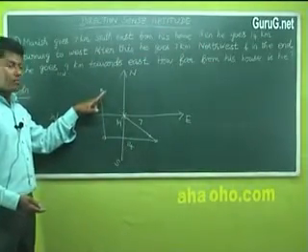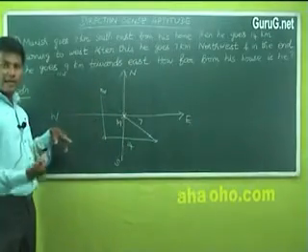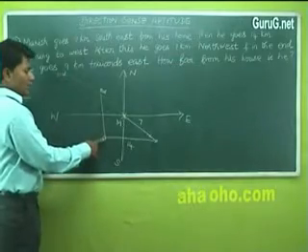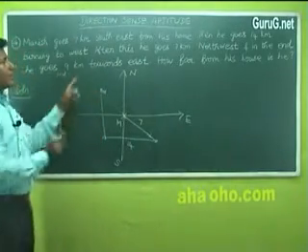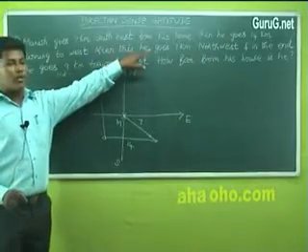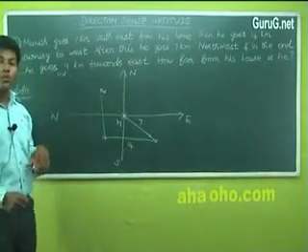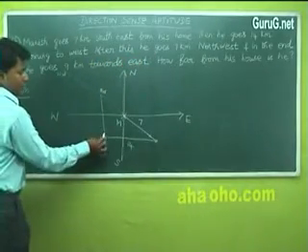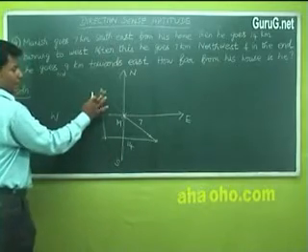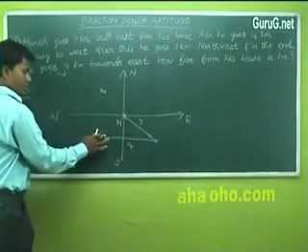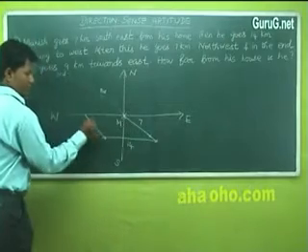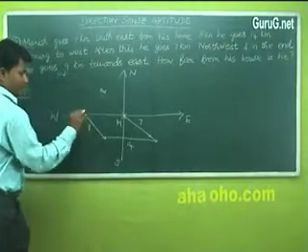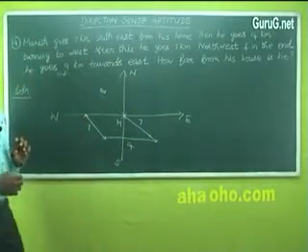But they have clearly given that after this he goes 7 kilometers northwest. That means you should not draw the line straight away like this. Instead, take the northwest position. So 7 kilometers. I hope you got this point clearly.